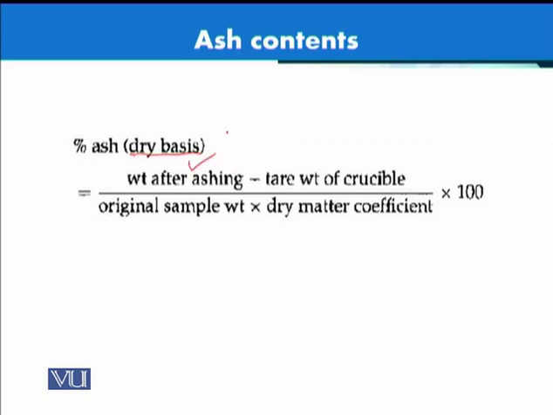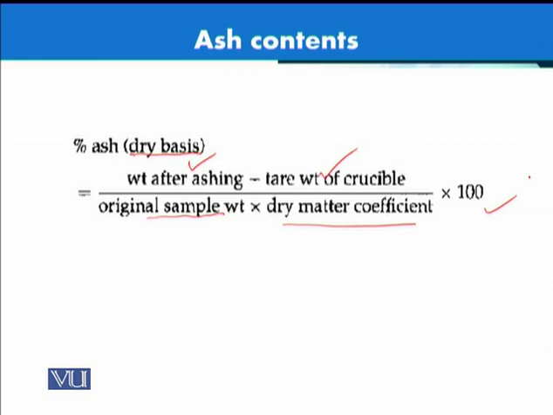So we calculate the weight after ashing minus the tare weight of the crucible. The tare weight of the crucible would mean the weight of the empty crucible. It is divided by the original weight of the sample and the dry matter coefficient, multiplied by 100. That would give you the value for percentage ash on the dry basis.